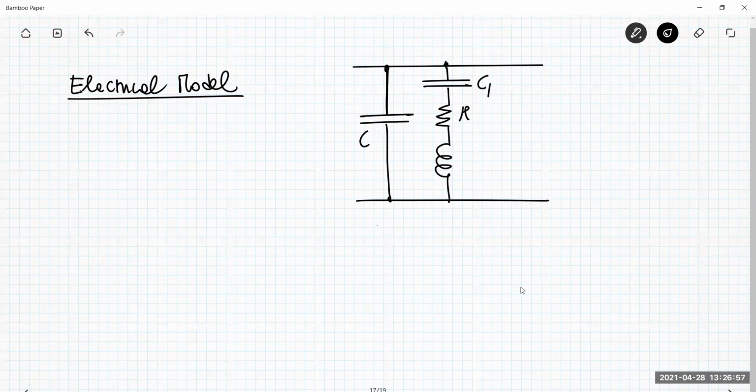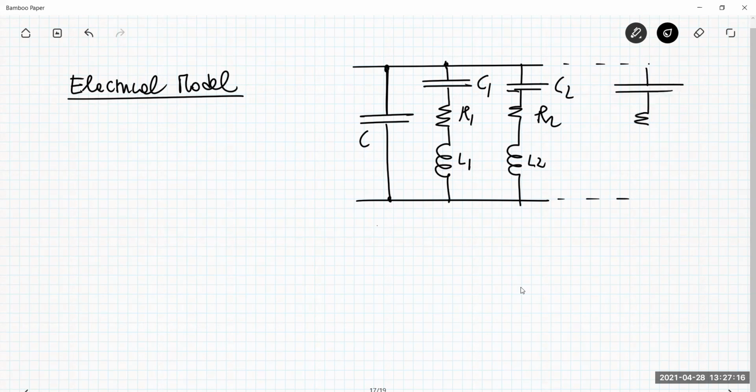C1, R1, L1, and then you have another one here, L2, C2, R2, all these branches that are C, R, and L, let me put N here, have a behavior that is like that of a series resonator.